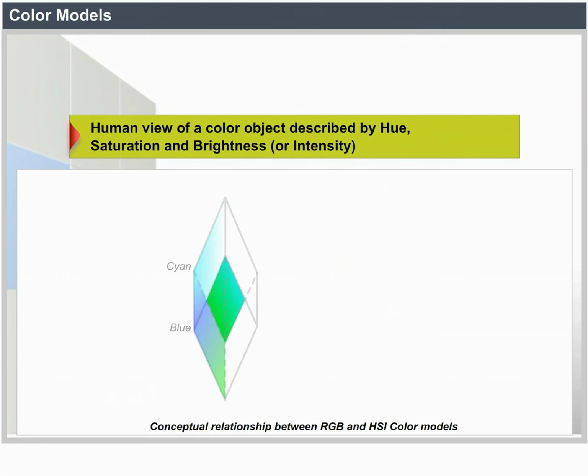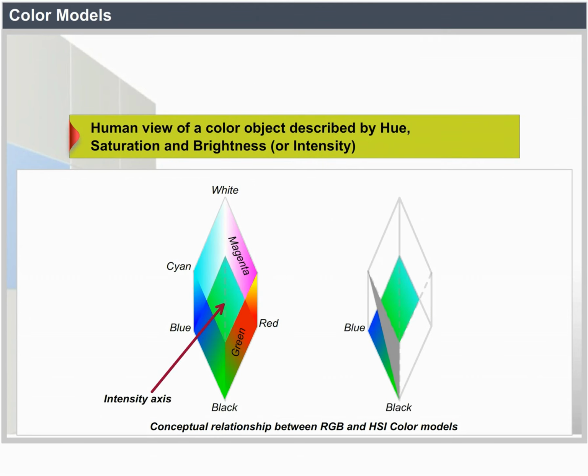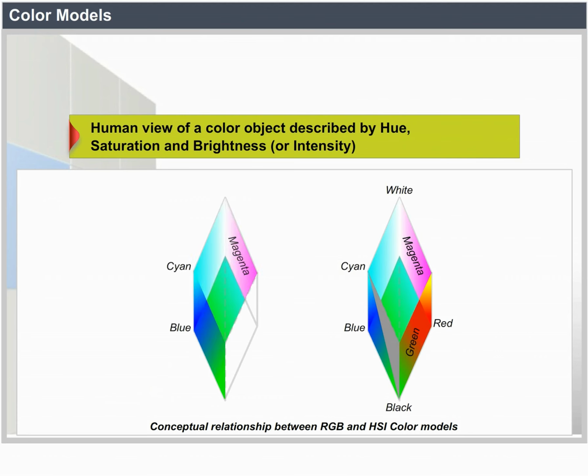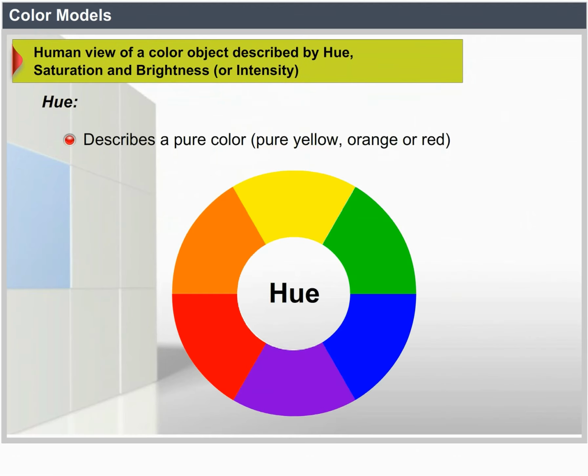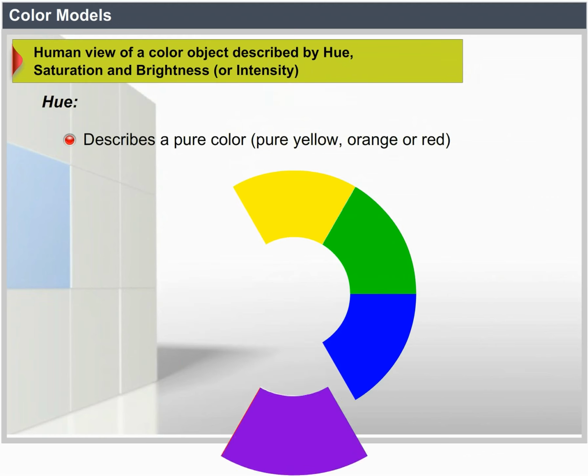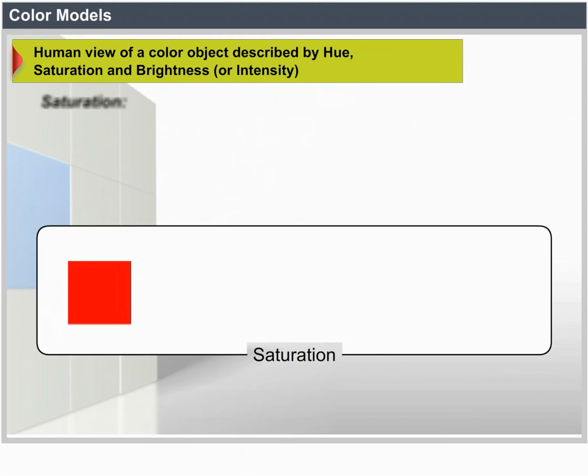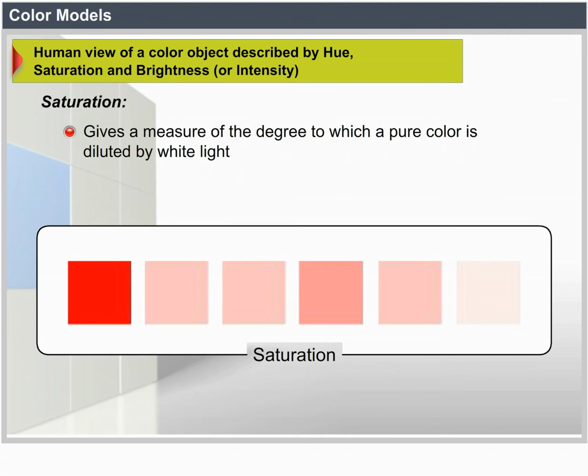The human view of a color object is described by hue, saturation, and brightness or intensity. Hue describes a pure color, pure yellow, orange, or red. Saturation gives a measure of the degree to which a pure color is diluted by white light.